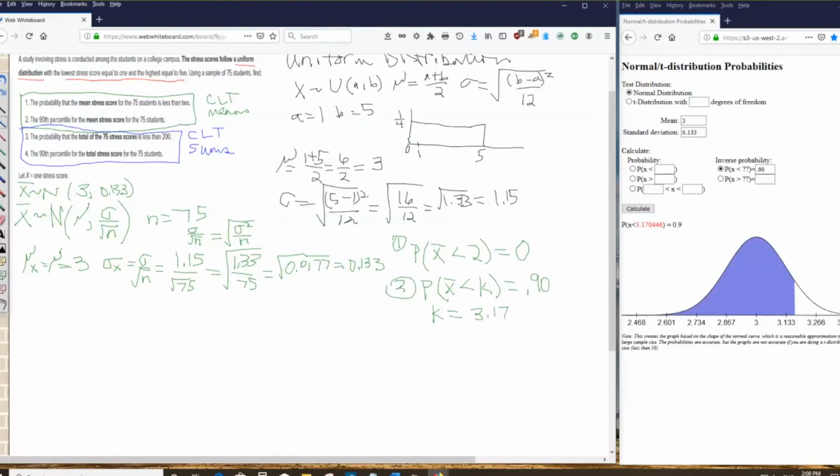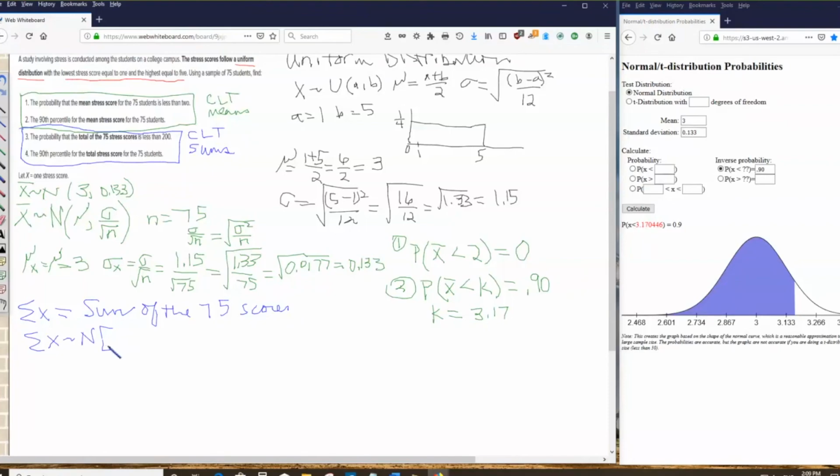So that notation is we're going to let the sum of x equal the sum of the 75 scores. The notation is the summation of x, the normal distribution, and then plugging in the numbers for that.